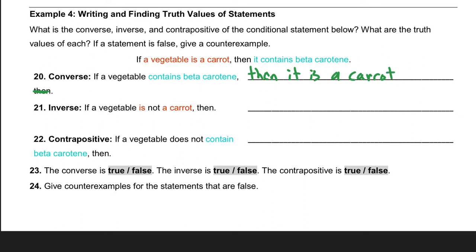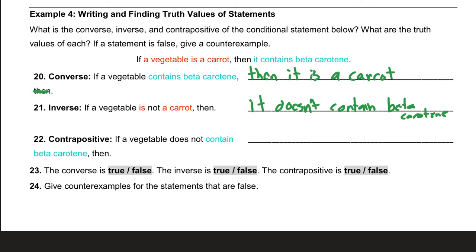The inverse doesn't swap, it just negates. It says if a vegetable is not a carrot, then it doesn't contain beta-carotene. Beta-carotene is a nutrient. I'm pretty sure that's the nutrient in carrots that helps your eyesight when people talk about carrots being good for your eyes.